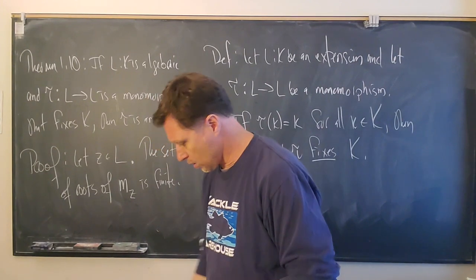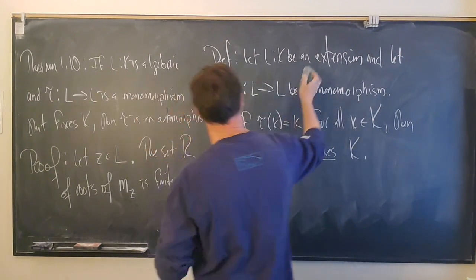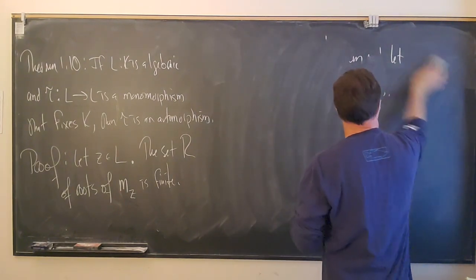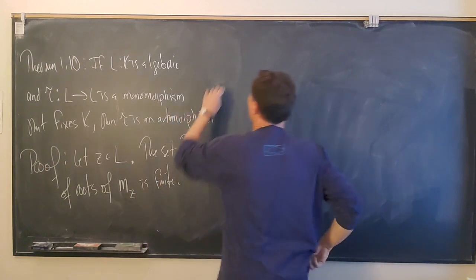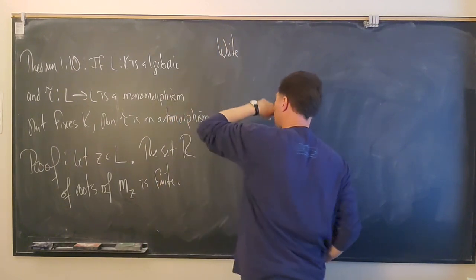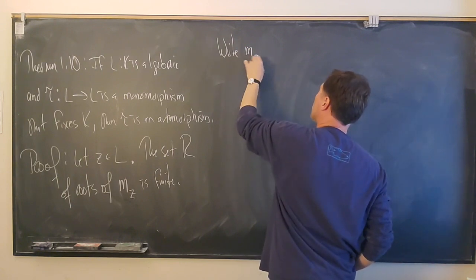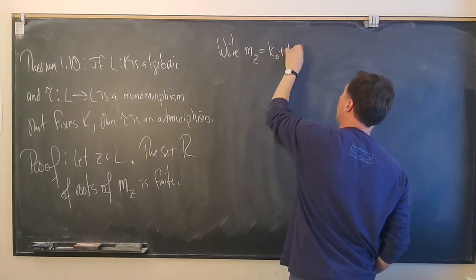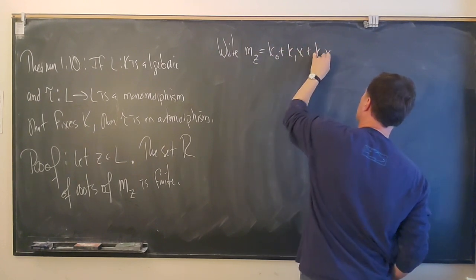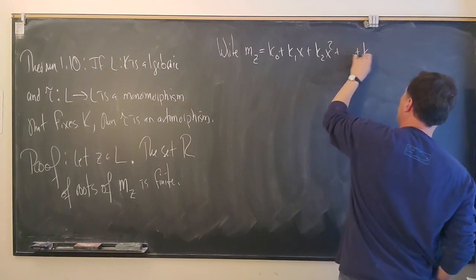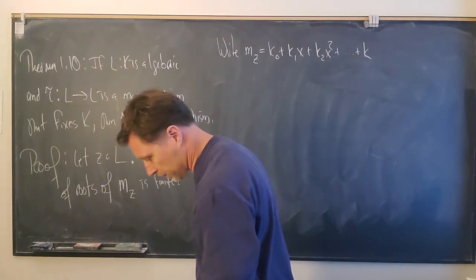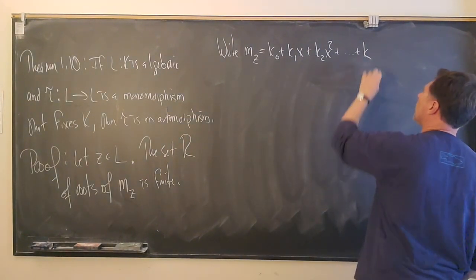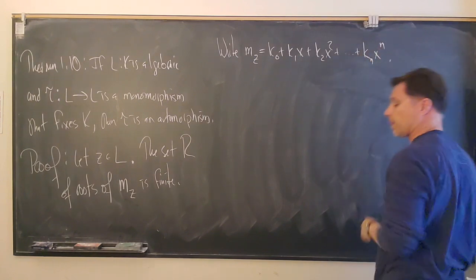And I want to write out the minimal polynomial now, so let's write m sub z equal to k0 plus k1x plus k2x squared plus dot dot dot plus k sub n x to the n.